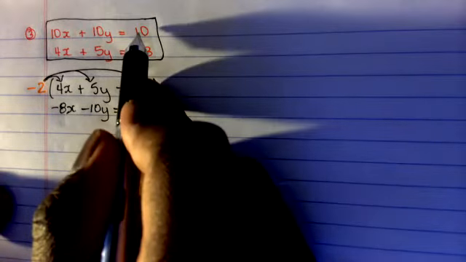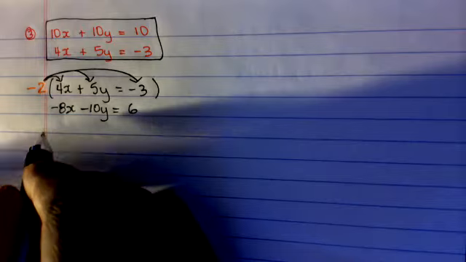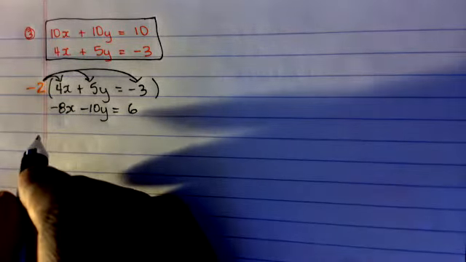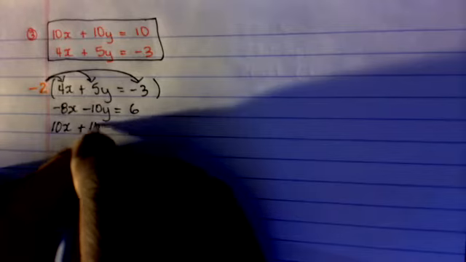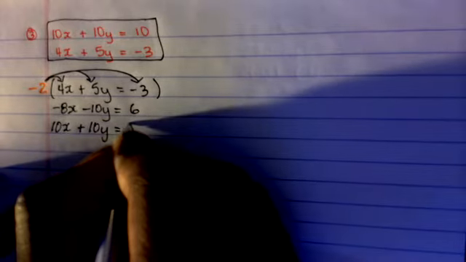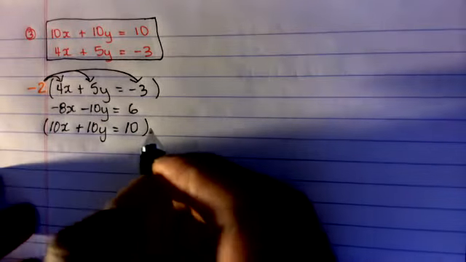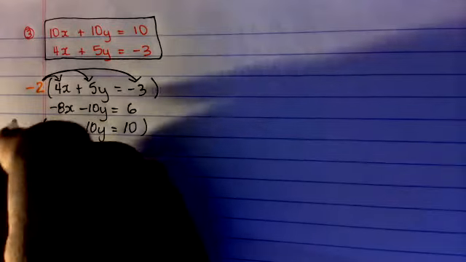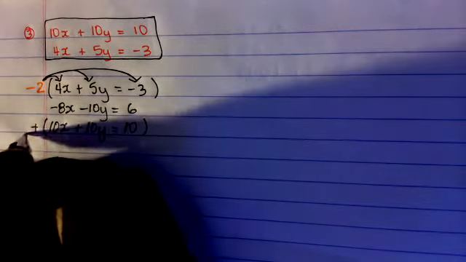Then I'm going to rewrite my first equation back there. If I rewrite my first equation, what do I get? 10x plus 10y equals 10. And as you know, my step 3 is I'm going to add here and solve for one variable.